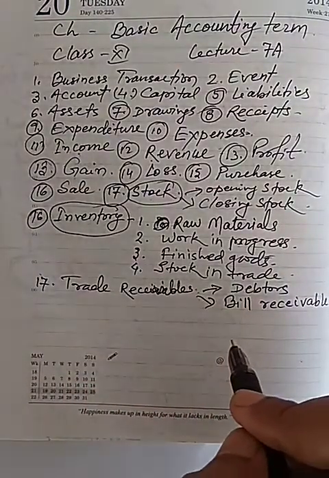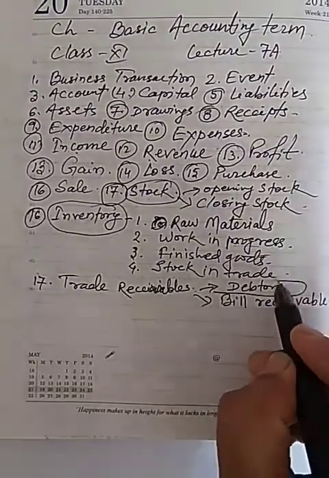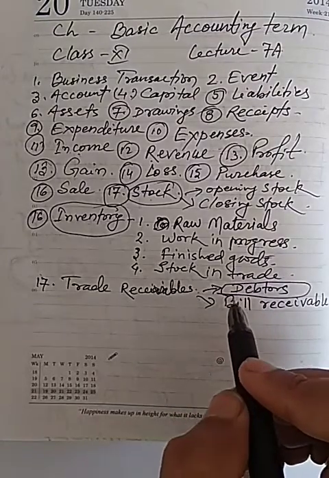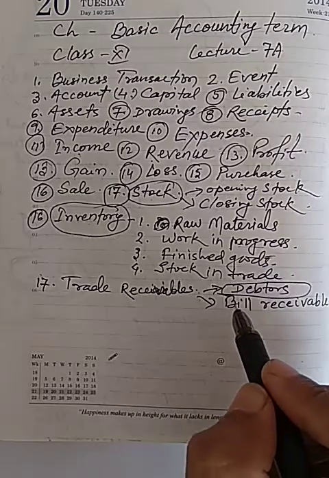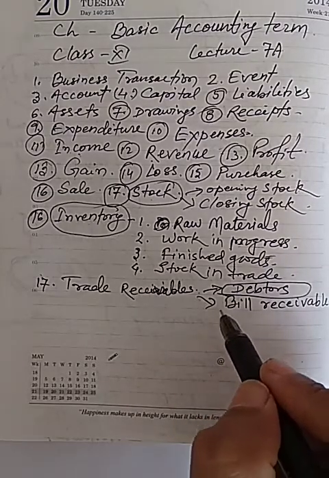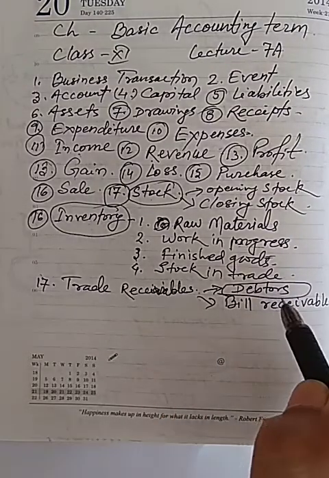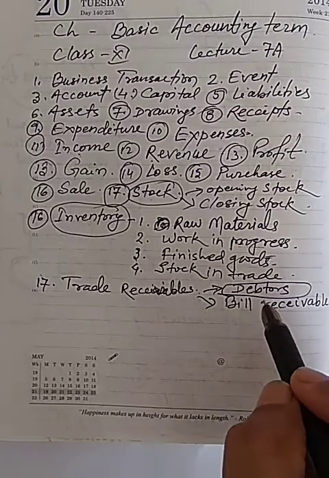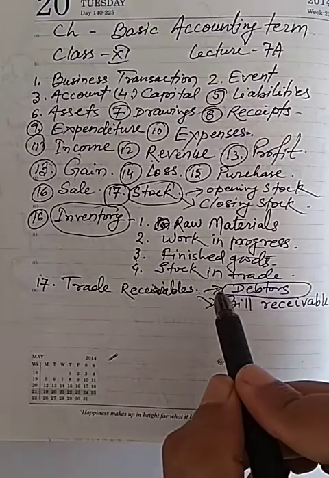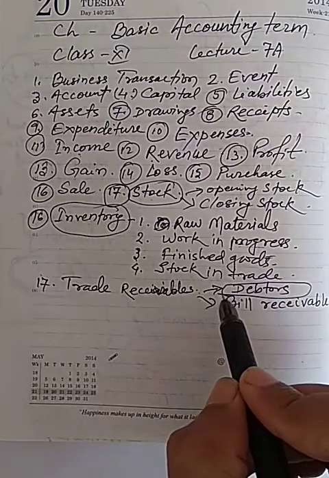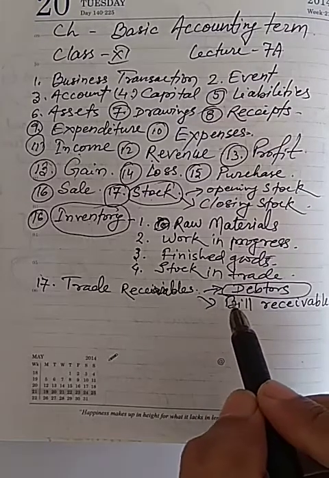Debtor represents those persons or firms to whom goods have been sold or service rendered on credit, and payment has not been received from them. They still owe some amount to the business.